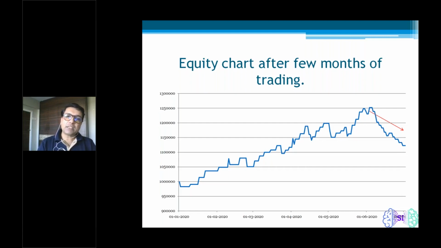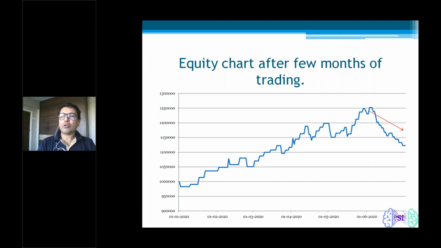But if the system has already performed for quite a long time, in that scenario it becomes difficult for the trader to decide when to stop trading this system.